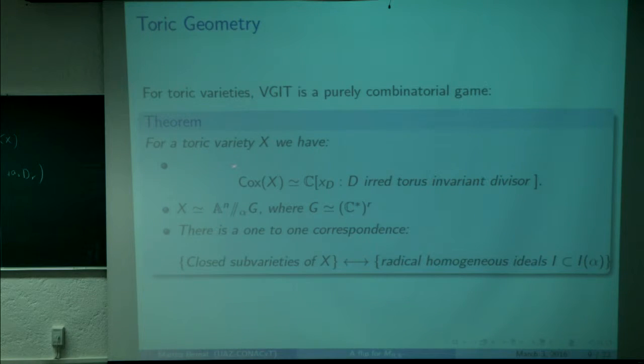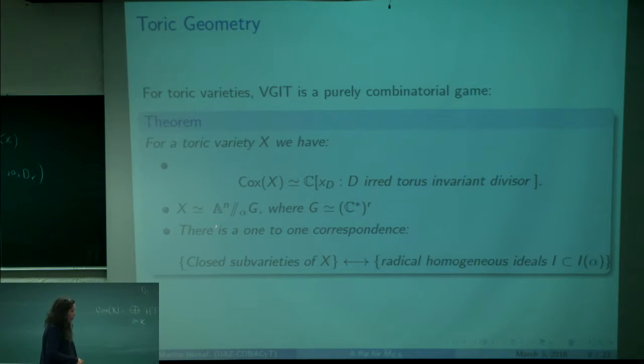For a toric variety, we have that the Cox ring is only a polynomial ring. And in fact, if you have the GIT quotient of an affine space by a torus, this is going to be a toric variety. Whenever you have a toric variety, you can recover it as the GIT quotient of an affine space.